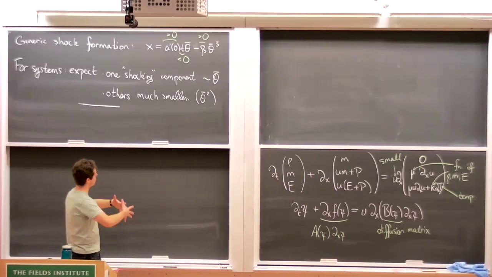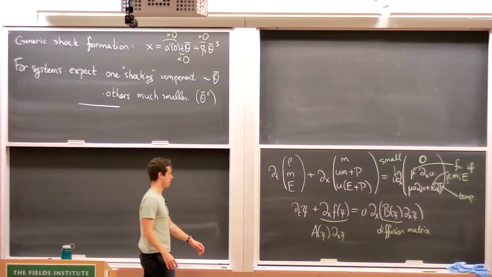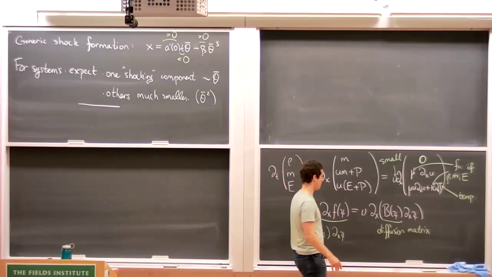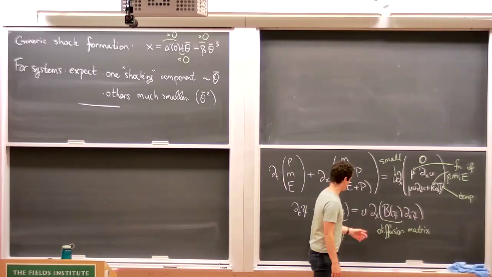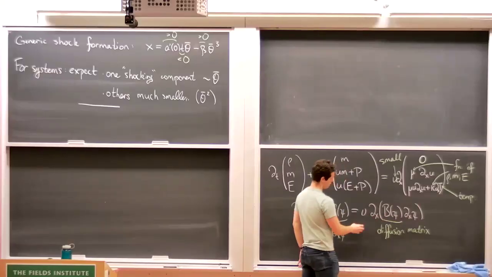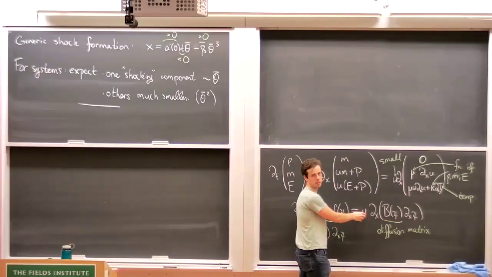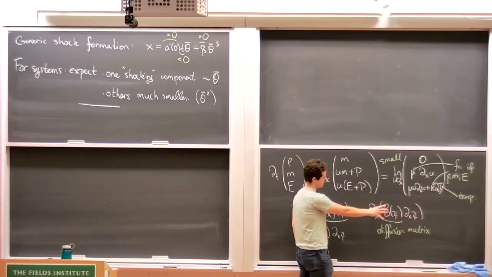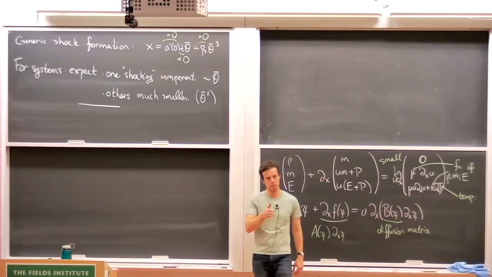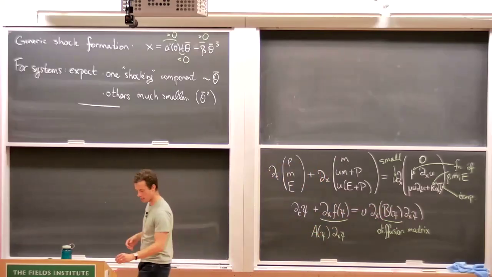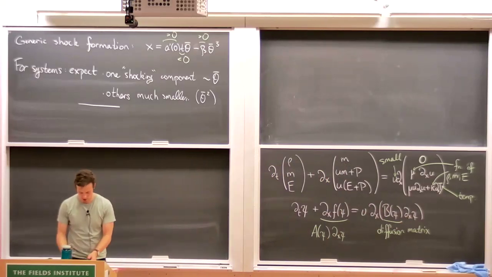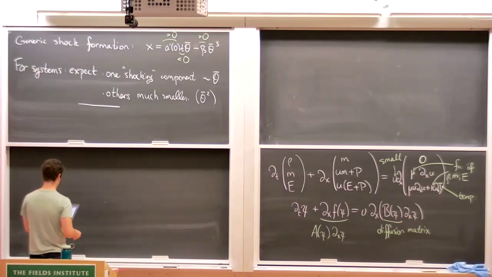But on the other hand, if I'm far away from that gradient catastrophe, then my derivatives are relatively small, and therefore this second derivative will be beaten by the smallness of the parameter nu, and I should expect the right side to be perturbative. So there should be some transition between the two behaviors, and I'd like to know the threshold for that transition.